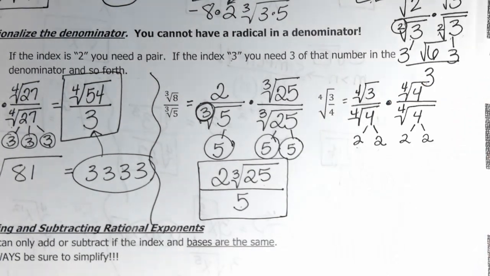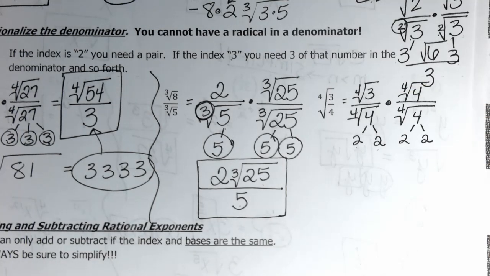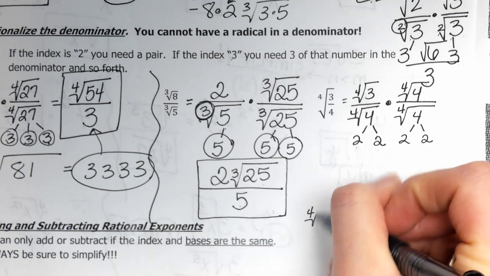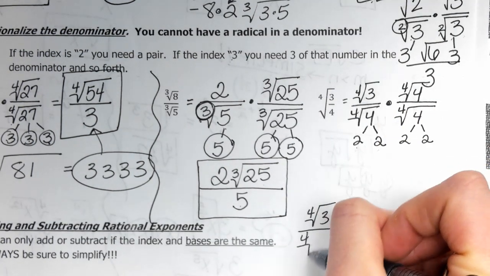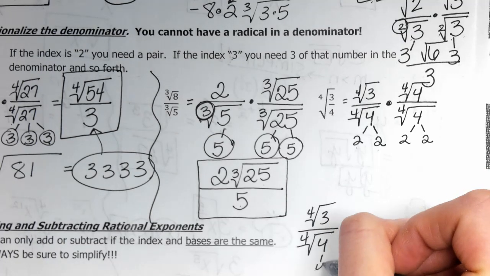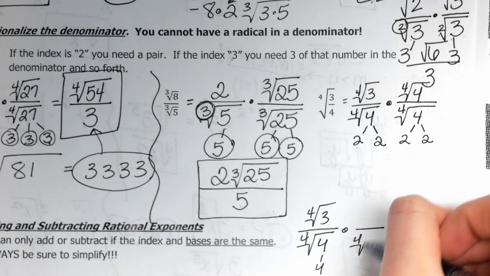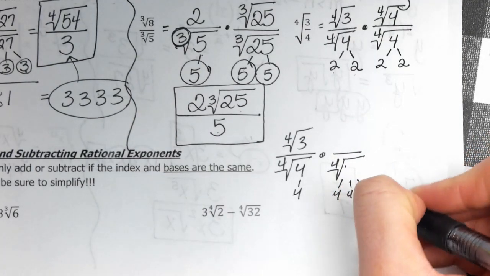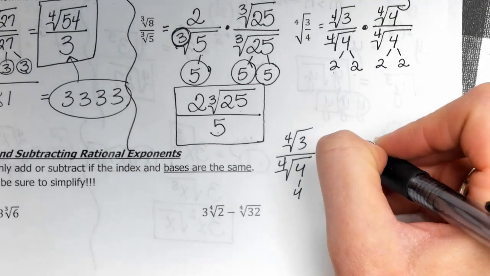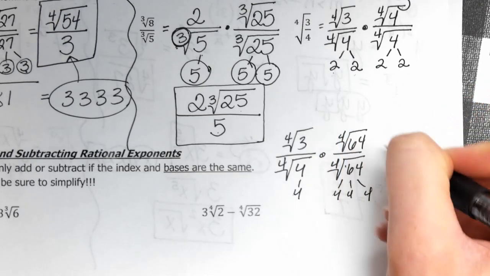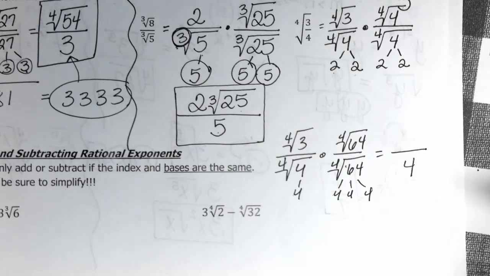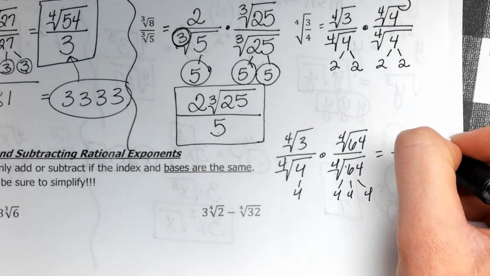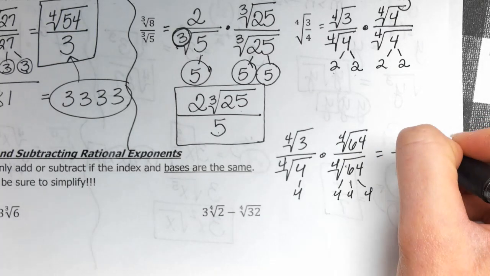If you don't recognize that that's a perfect number, that's okay. You could do what we've been doing. I have 1, I need 3 more, 4, 4, 4, that's 64, 4th root of 64, here's my 4, 3 times 64, 192.